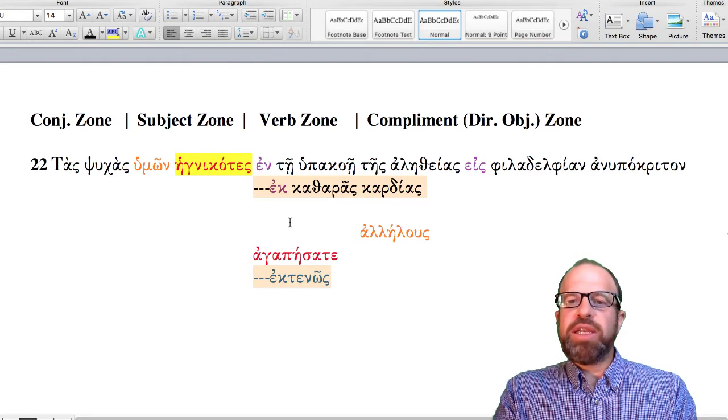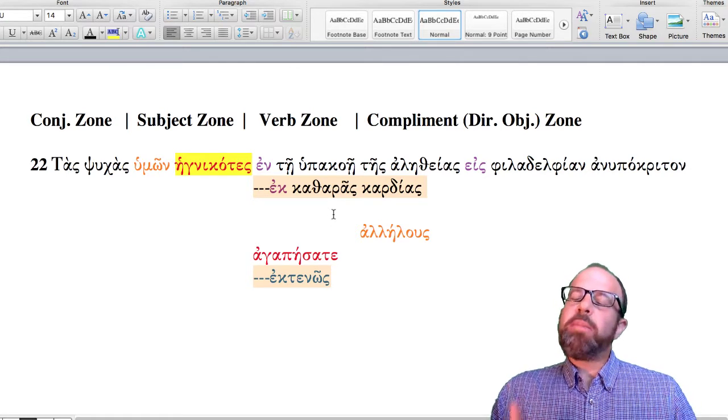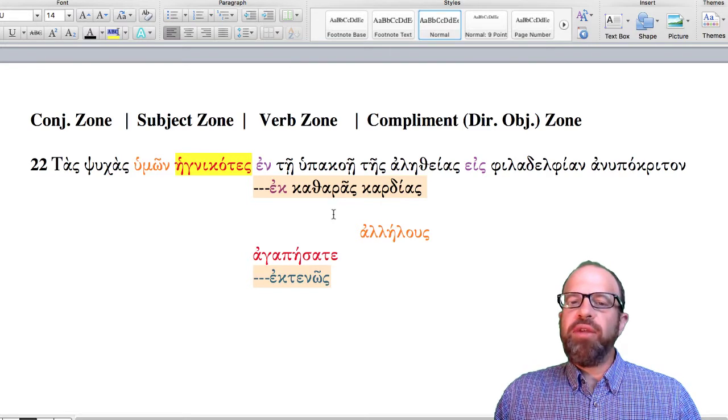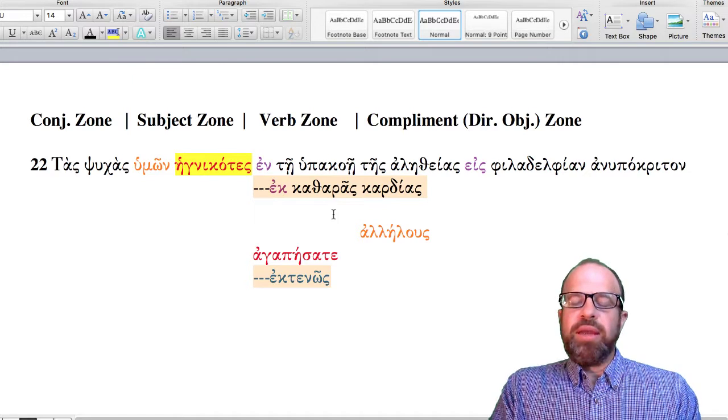So from a clean heart is indicating a mode out of which we're commanded to love one another eagerly and fervently. Now, how important is it to have a clean heart? It's extremely important, as we'll see in just a moment.